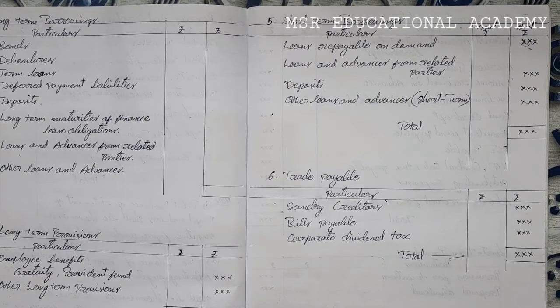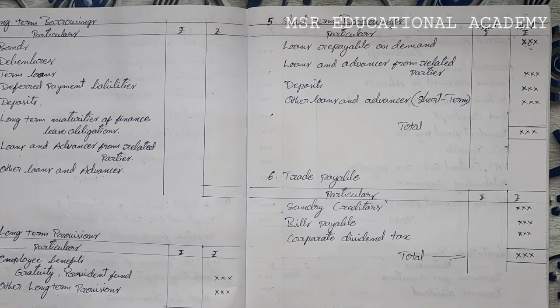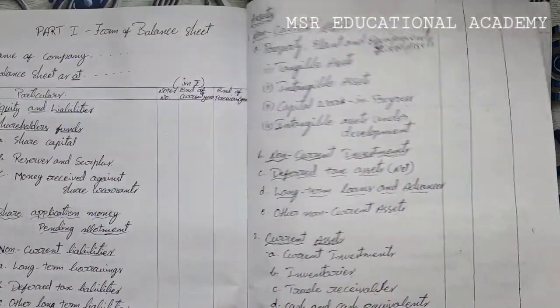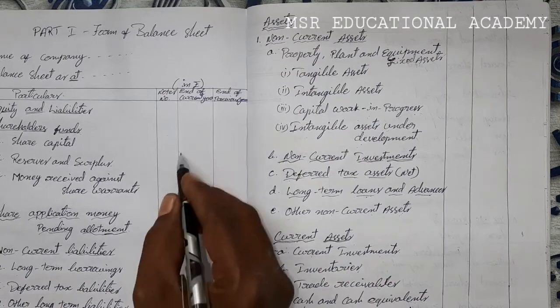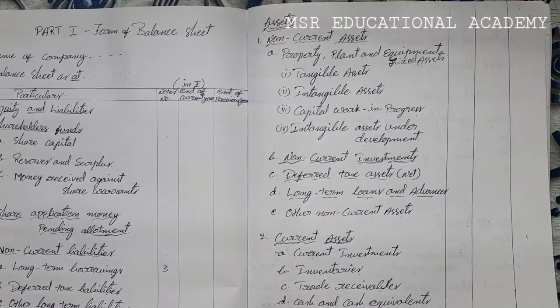While doing a problem also, these heads should be prepared separately, and the same numbers we should write in the balance sheet. For example, long term borrowings has number 3 now, so under notes to accounts, long term borrowings, we should write 3. Like this we can write numbering also.